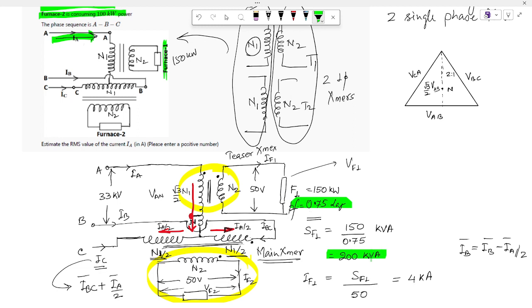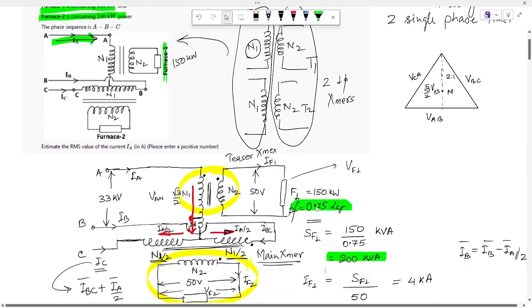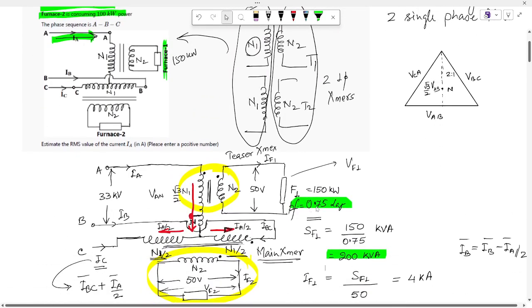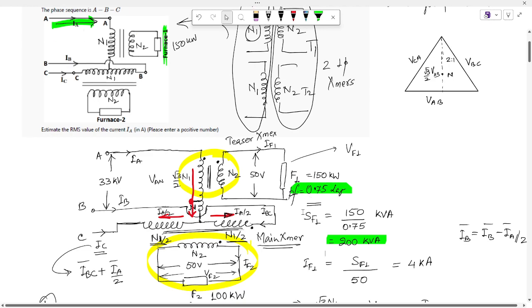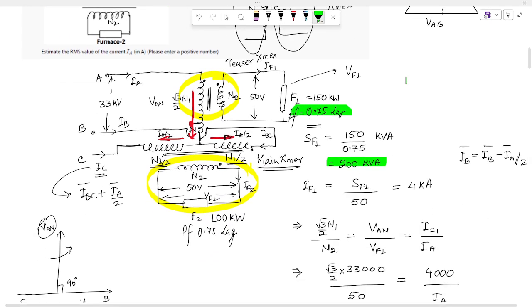Now if we assume that input kVA equals output kVA, assuming no losses in the system, then we know that input voltage is 33 kV, output voltage is 50 V. By equating both side kVA, we can get the current.